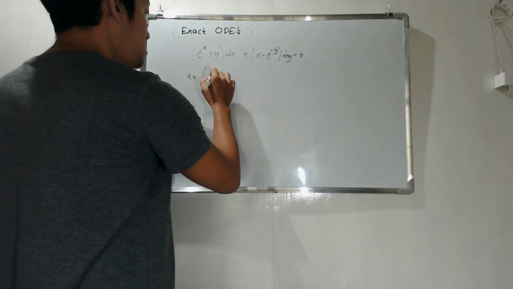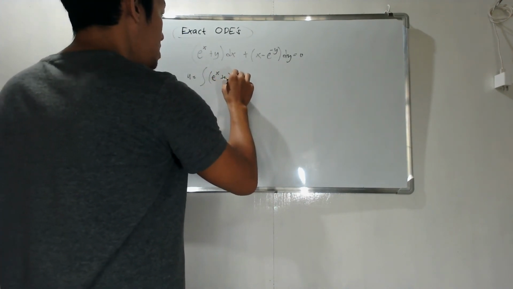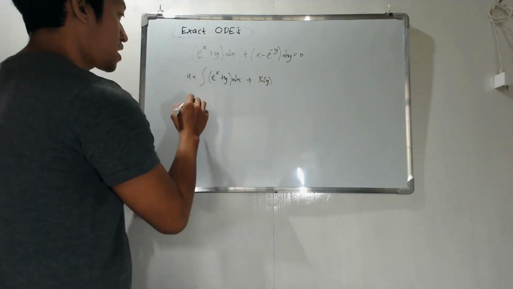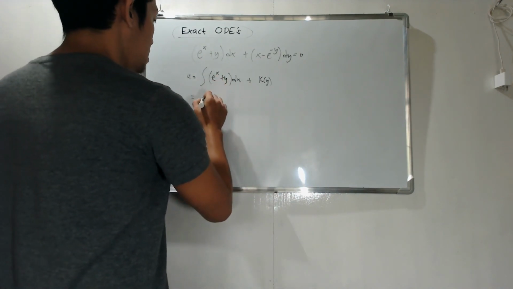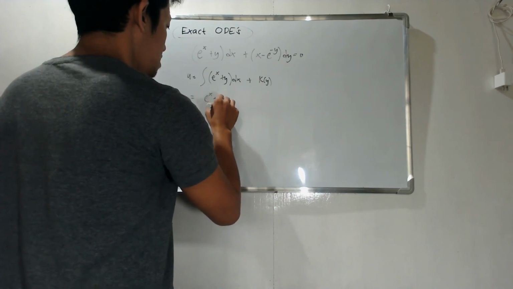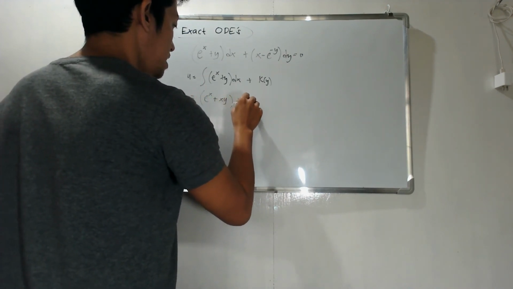So this is now your M. So e to the x plus xy plus k of y.